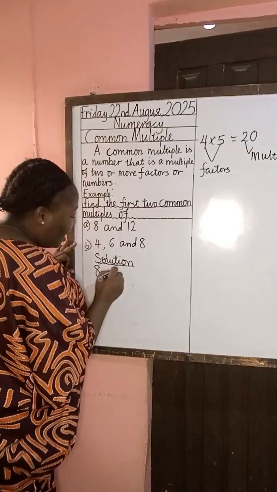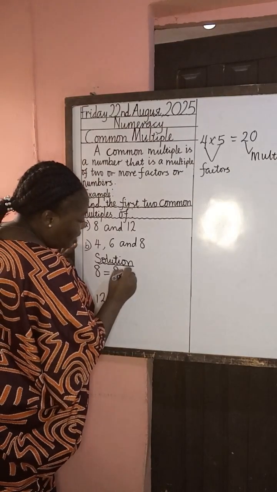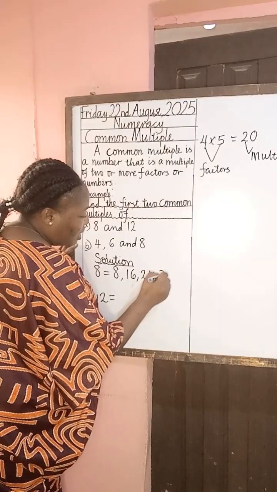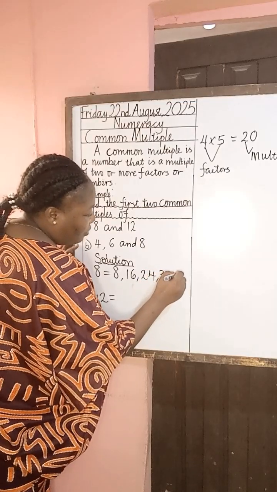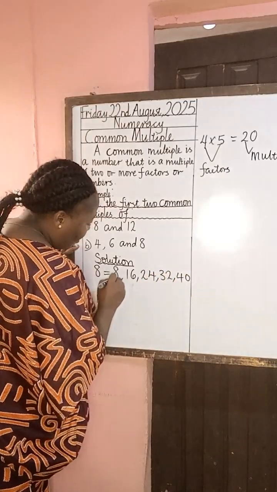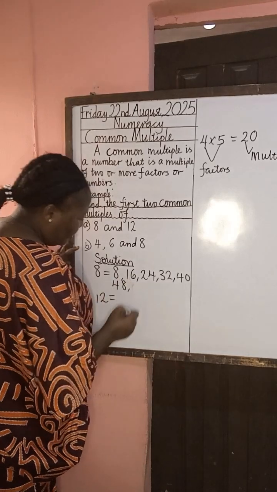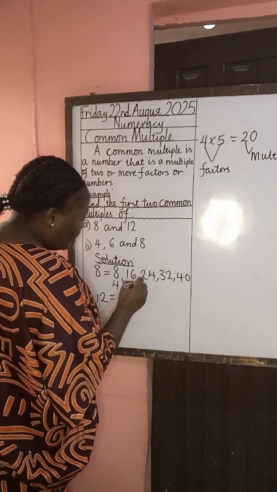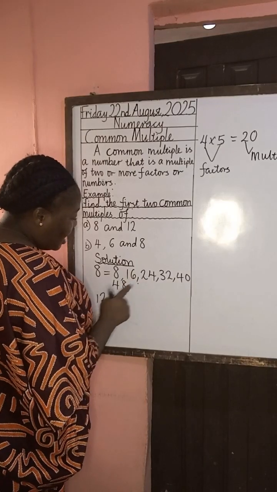We have 8, 16, 24, 32, 40, 48, that is 48.